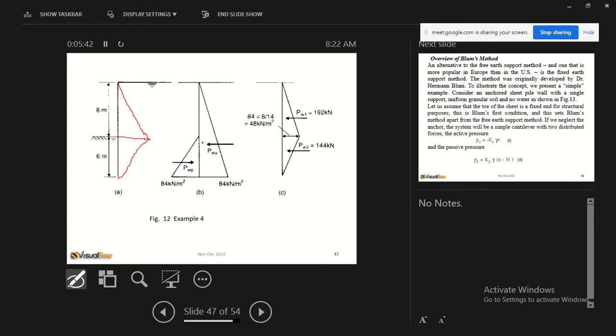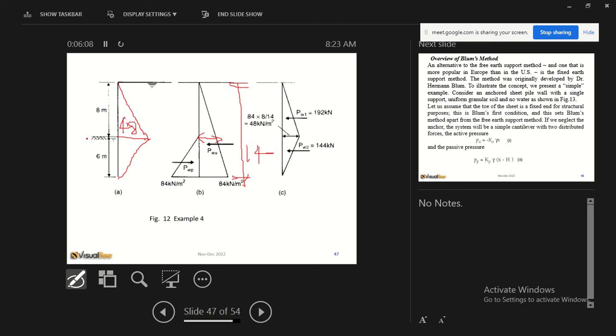So based on similarity and congruency, the value of this part, so this length we know is 14. So if this is 84, you can find out what this is, and that turns out to be 48.